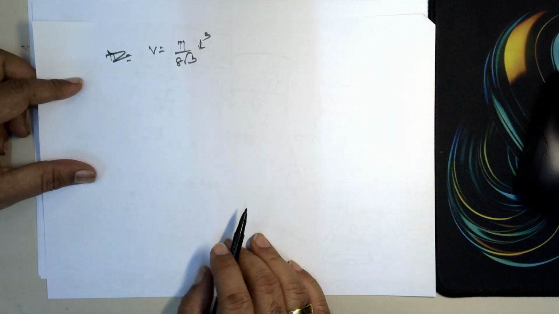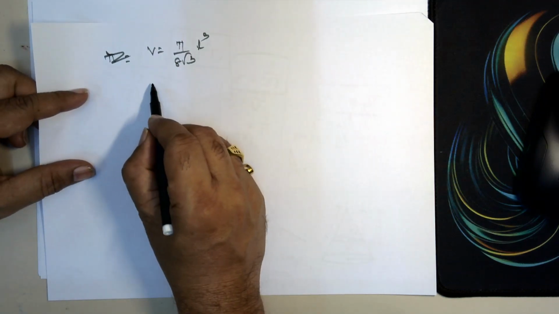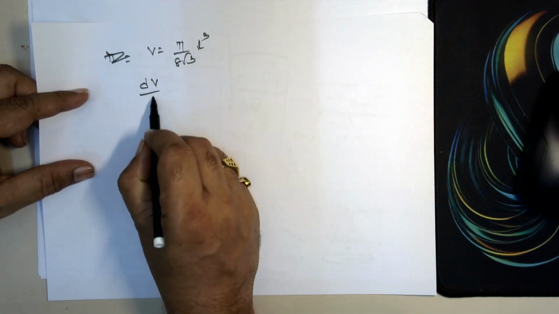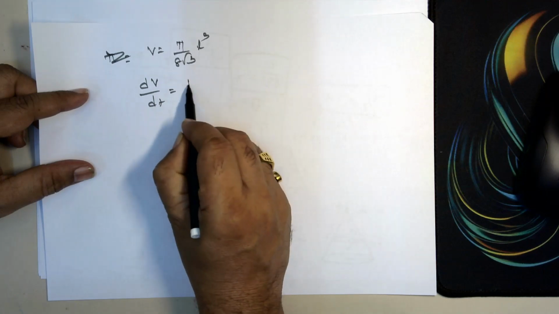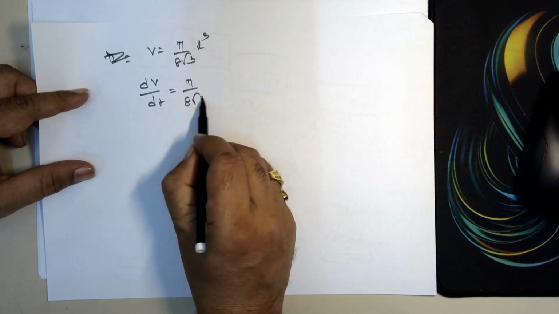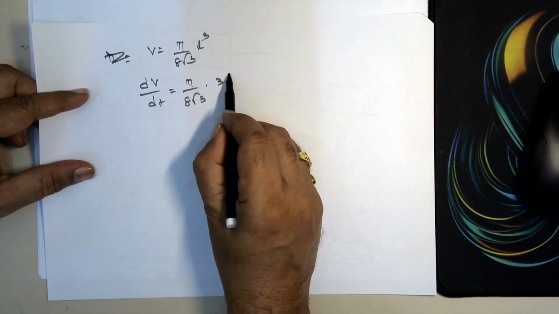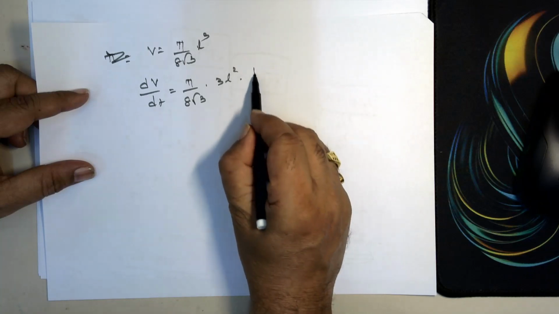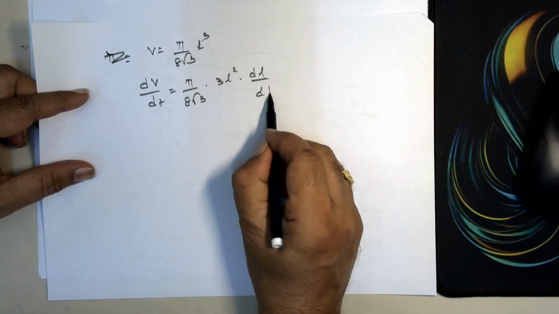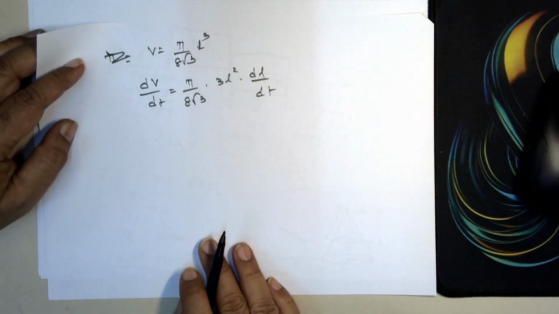Now let us comfortably differentiate with respect to t. So dV by dt is equal to 5 pi by 8 root 3 into 3L squared into dL by dt.